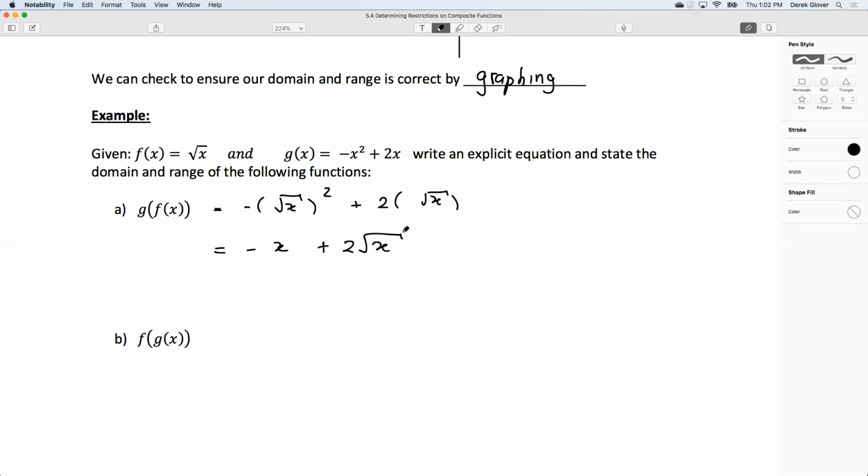Now, if we want to find our domains, we've got a square root, and technically we had one here too, but we can just use this one. You can't have negatives, so we're stuck with x being greater than or equal to 0. As far as our range goes, I don't really know what this looks like, so I'm going to have to graph it. x plus 2 root x.